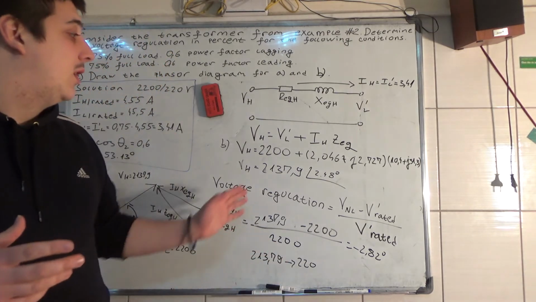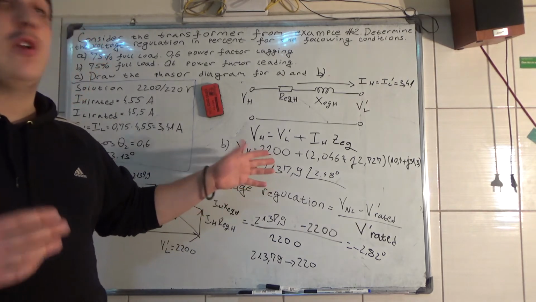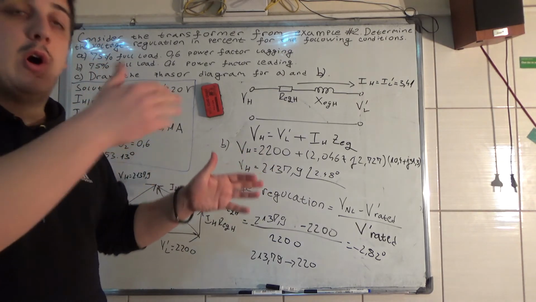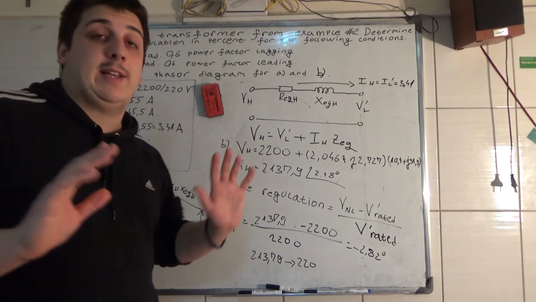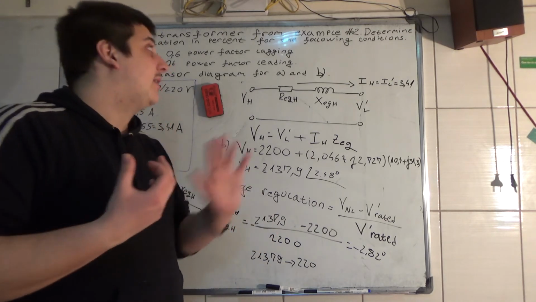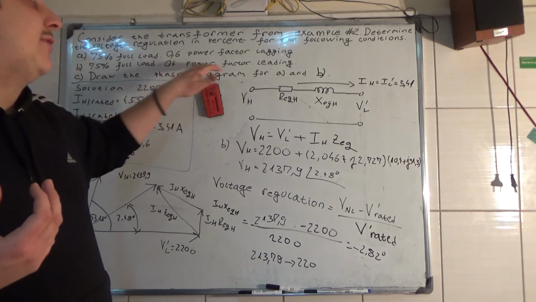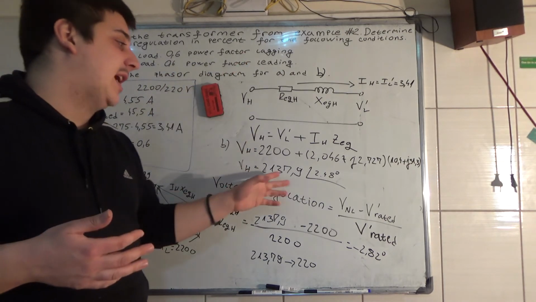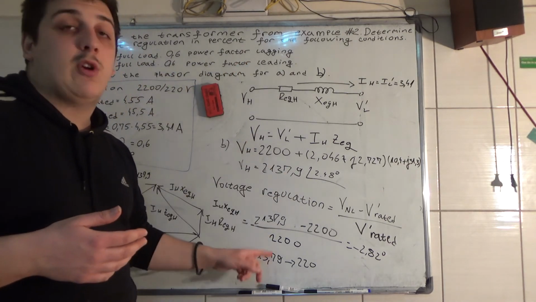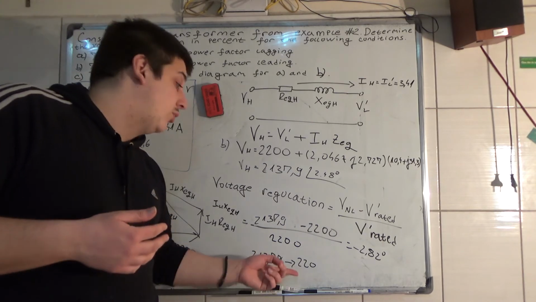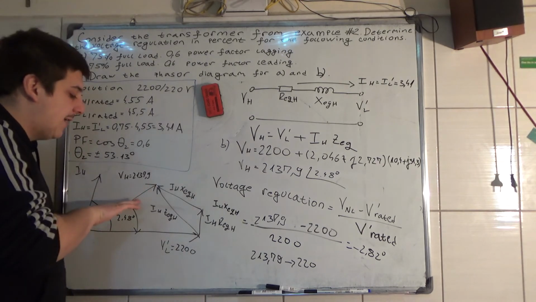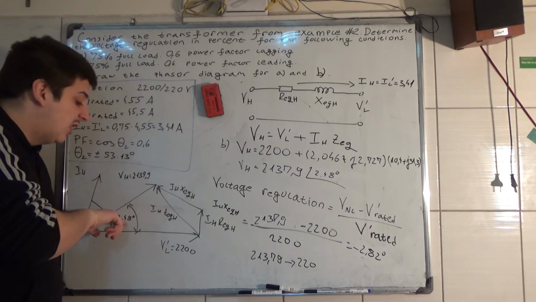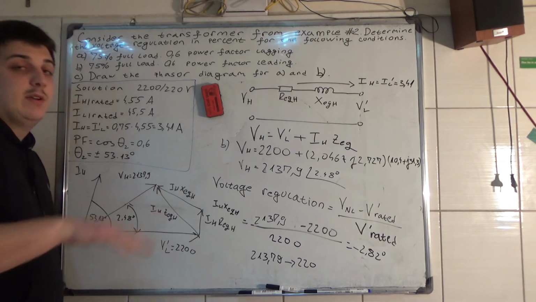If you have 213.79 volts on the output at no load, so you didn't connect any load, then if you connect the 0.6 power factor leading load on the secondary side, 213.79 will rise to 220, and there will be phase shifting of 2.48 degrees.